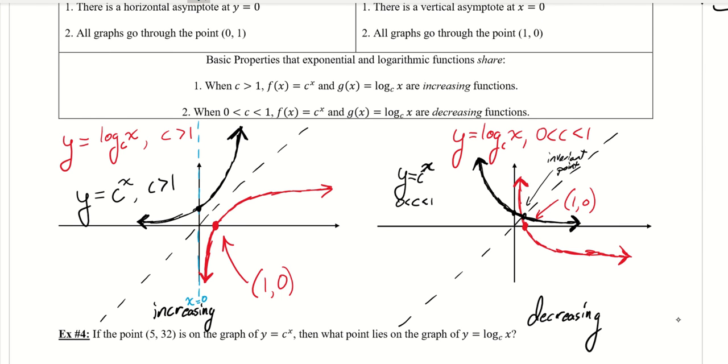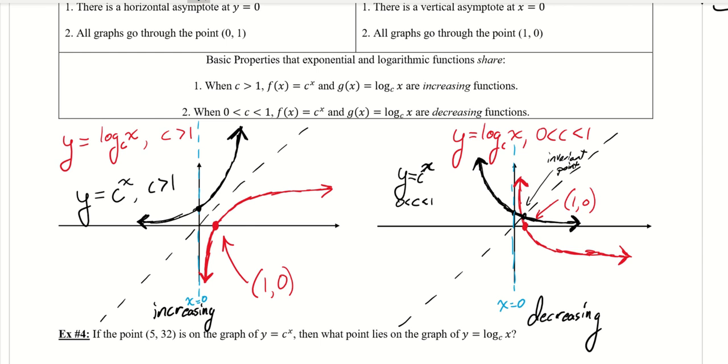And for this red function, we also have a vertical asymptote at x equals 0. So hopefully that's instructive to look at those curves and to see the relationship between those logarithmic curves and their inverse curves, which are these exponential curves.